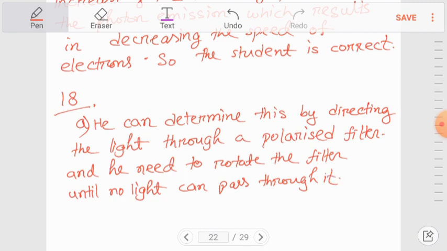And by this procedure, the teacher can determine that the light is polarized or not. So this was the end for question number 18a. I hope it was clear.